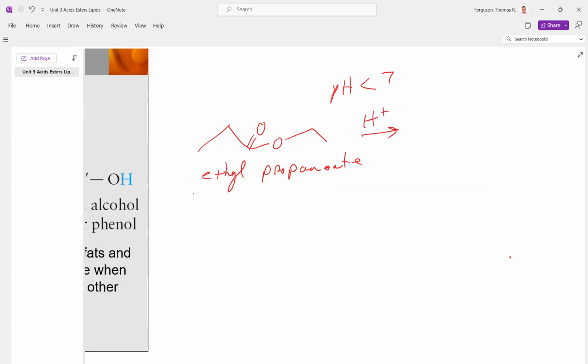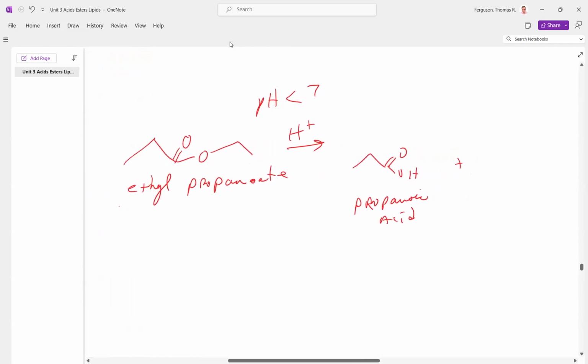so this would be like in acidic conditions, what we end up getting is the starting acid, protonated. So this would be propanoic acid plus the 2-carbon alcohol.